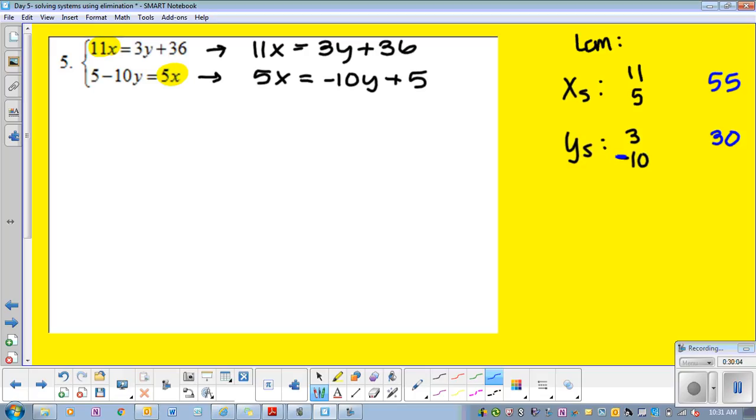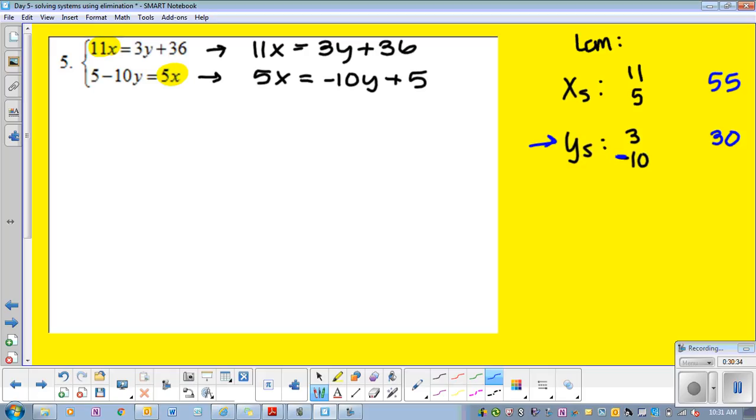So you have to make them equal the same number, plus you have to make one of them be a negative, right? But if you look at your y's, you have to make them equal the same number, but you already have one that's negative. Do you know what I'm saying? So that's one thing that you can kind of use to your advantage. It doesn't really matter, okay? But that's just something to look out for. All right, so we're going to go with our y's.